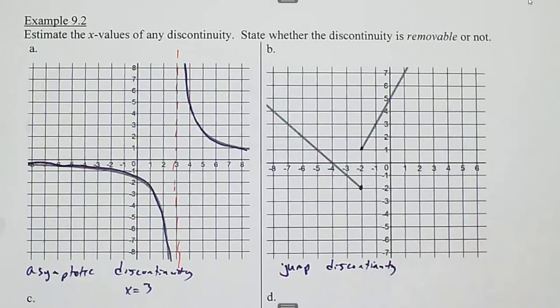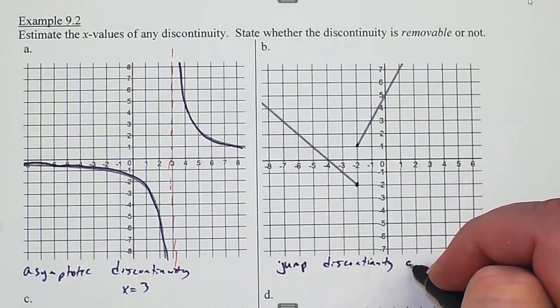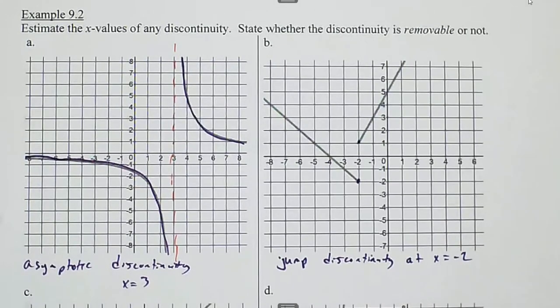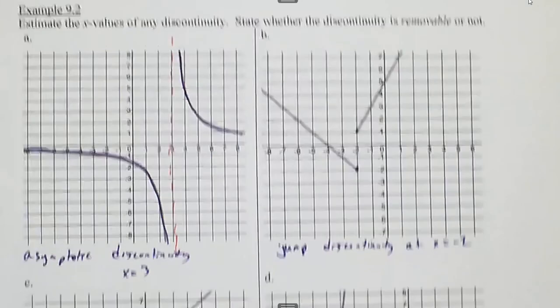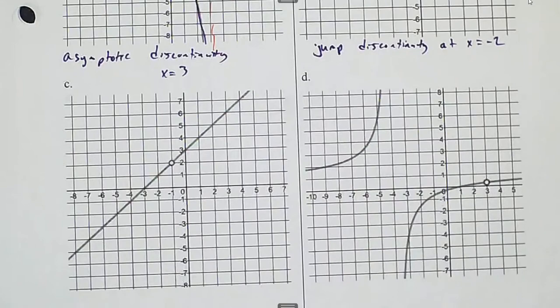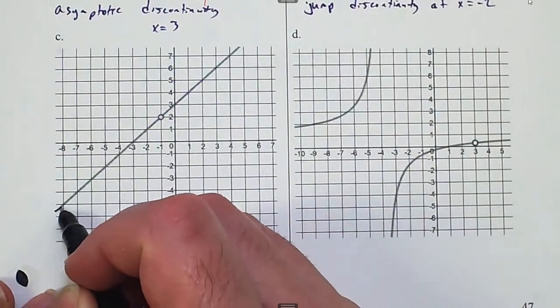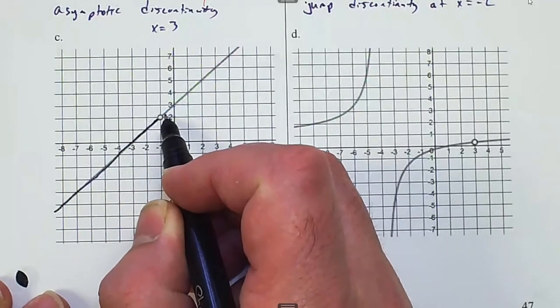And you'll study some functions that have stuff like this more next year. That's a jump discontinuity at x equals -2. Again, I can't just put a point down and magically fill it in and connect the two pieces. This graph, I talk about discontinuities when you have to pick up your pencil. Maybe you don't think you have to here, but there's an infinitely thin pickup of the pencil.